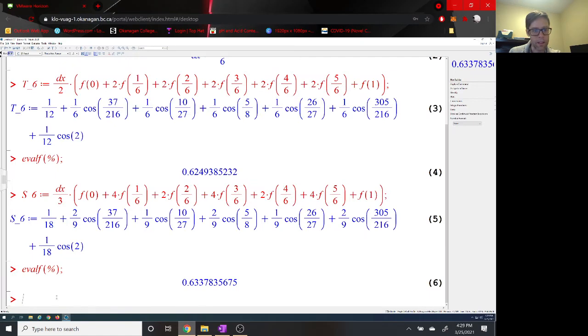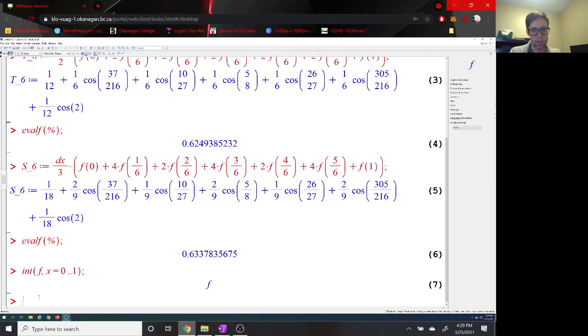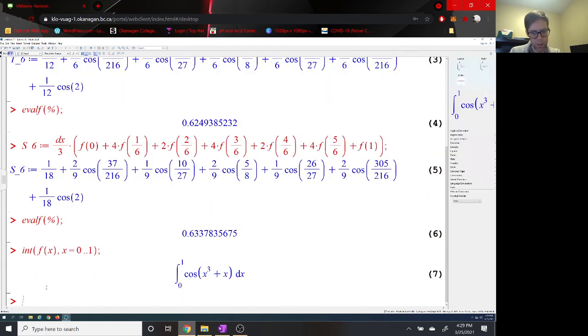The true net area is bounded by this curve. So if we were to actually ask Maple to integrate this function, f in between 0 and 1, and let's see if it'll give us, no, you don't like that. Perfect, and then we can evaluate that.